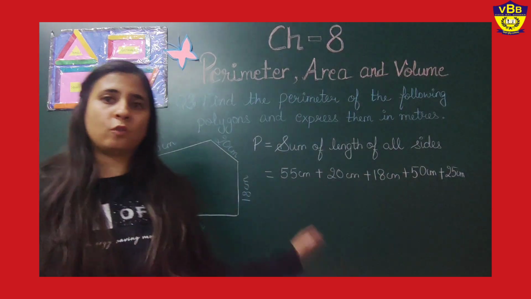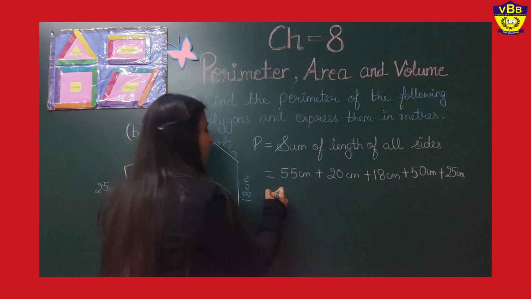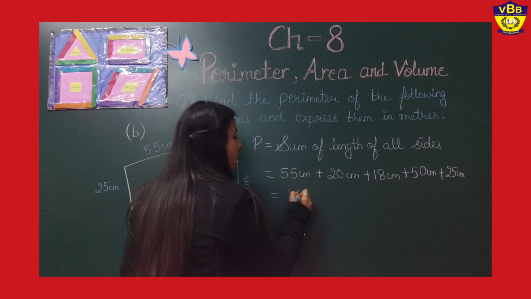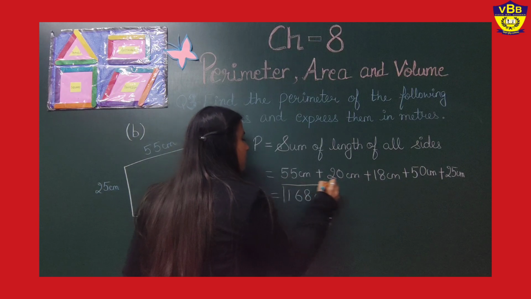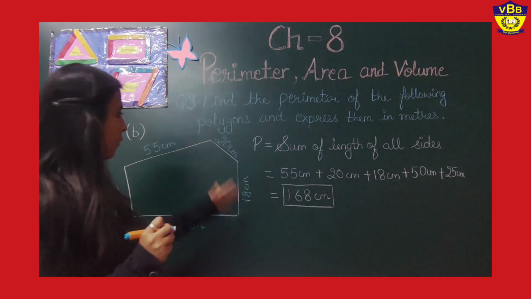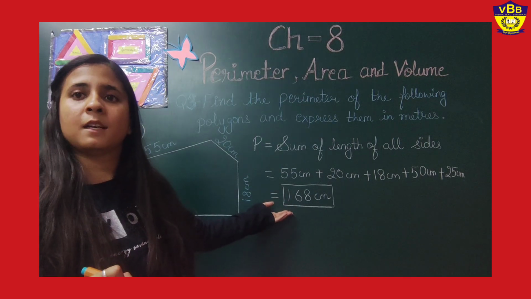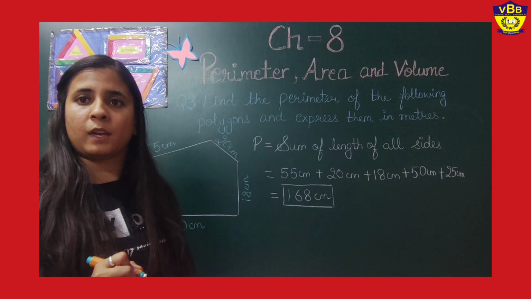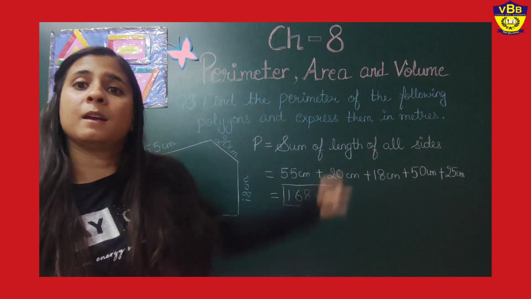So we are going to add all the 5 sides, and when I will add we will get 168 centimeter. So the perimeter or the length of the boundary of the given shape is 168 centimeter. Okay, but it also says express them in meters.